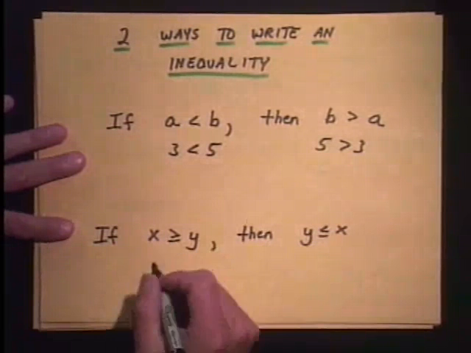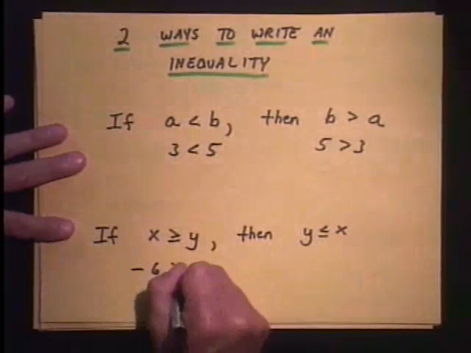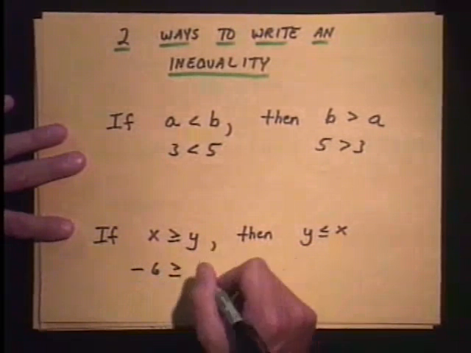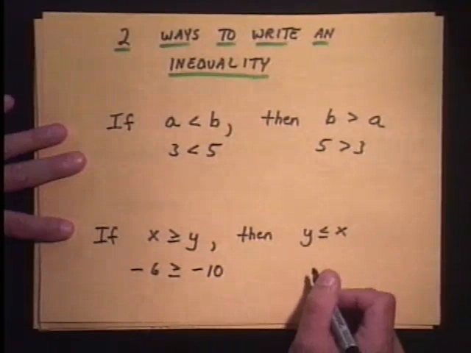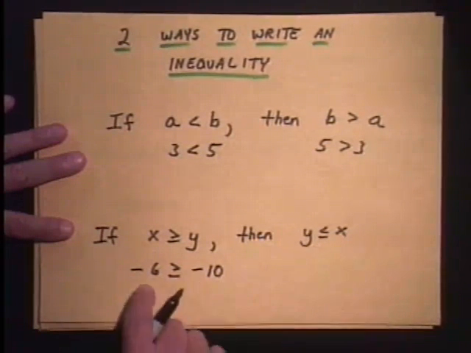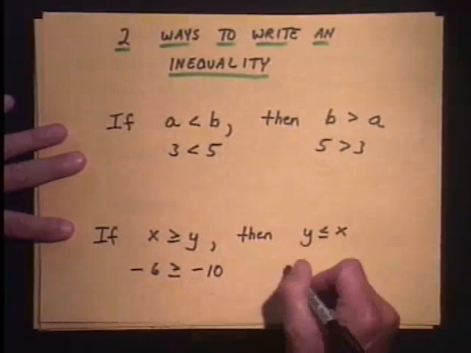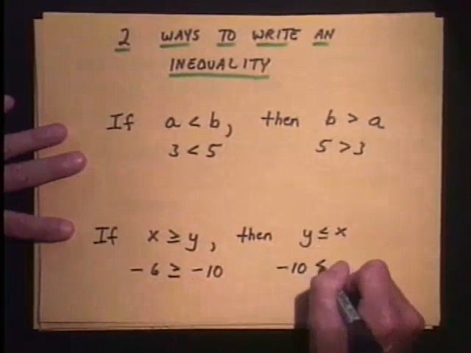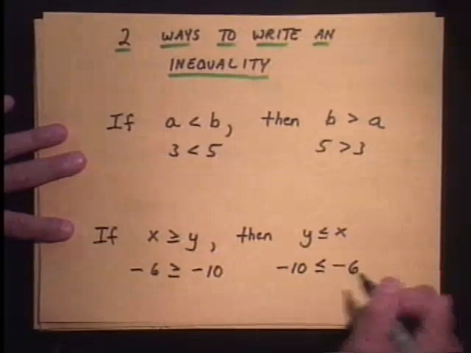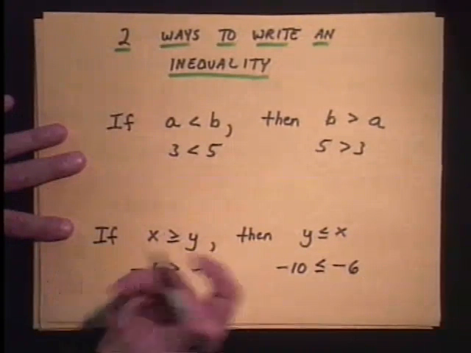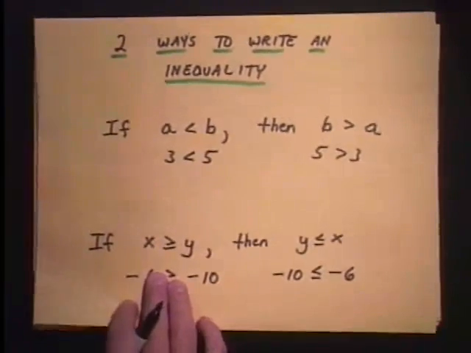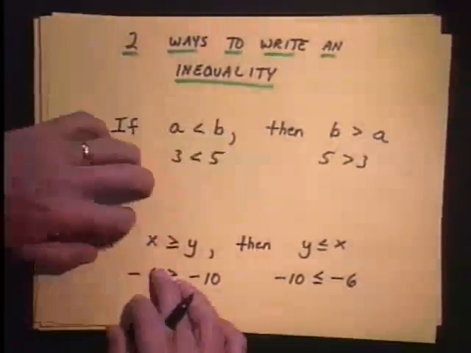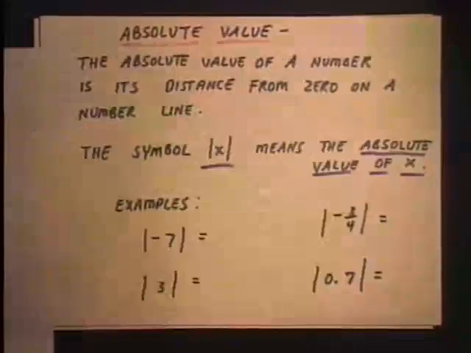If we have negative 6 is greater than or equal to negative 10, which is true, couldn't we also write the reverse? Well, if negative 6 is greater than or equal to, then negative 10 better be what? Less than or equal to negative 6. So that makes sense as well. All right, so a little discussion of inequalities. We're touching base. We will come back to these more as time goes on.